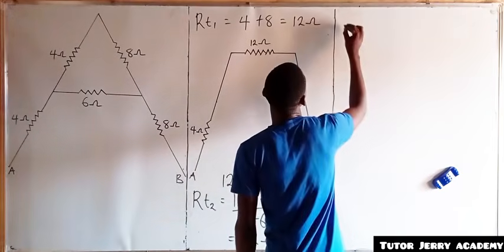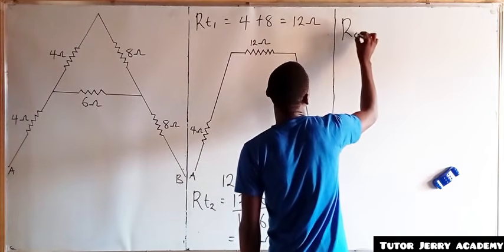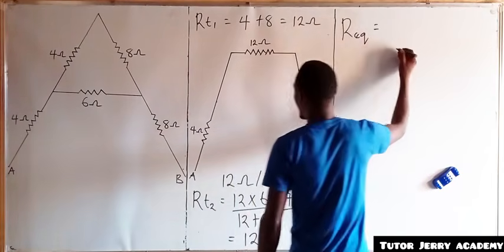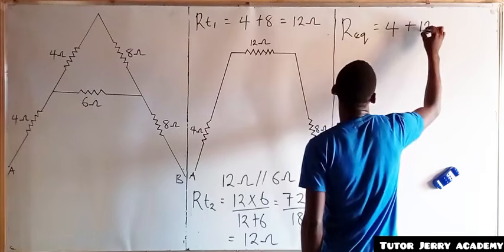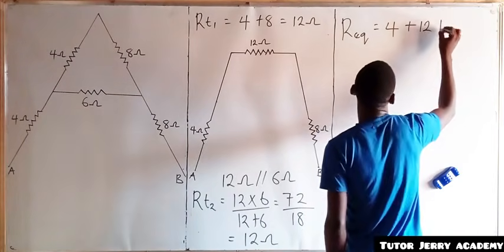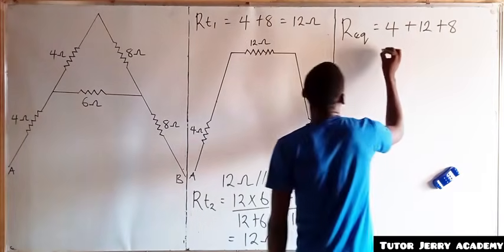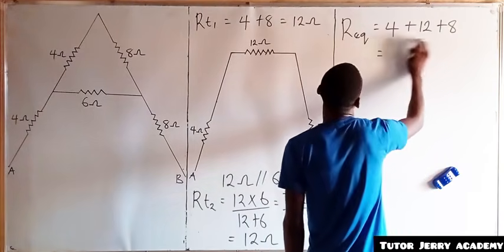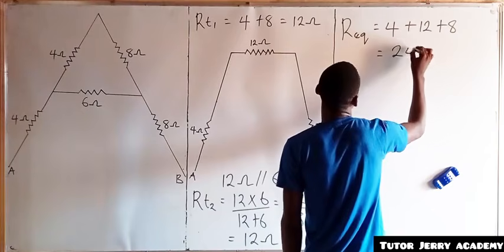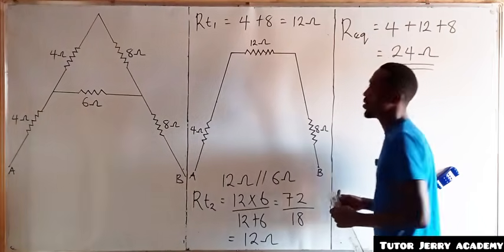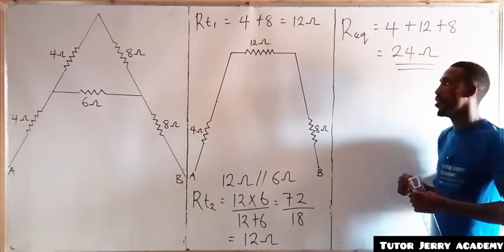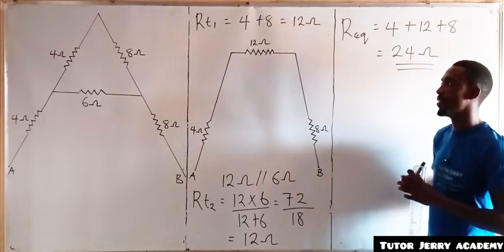So the equivalent resistance will be equal to 4 plus 12 plus 8, which is 24 ohms. So the solution to this question is 24 ohms. I hope we understand this.